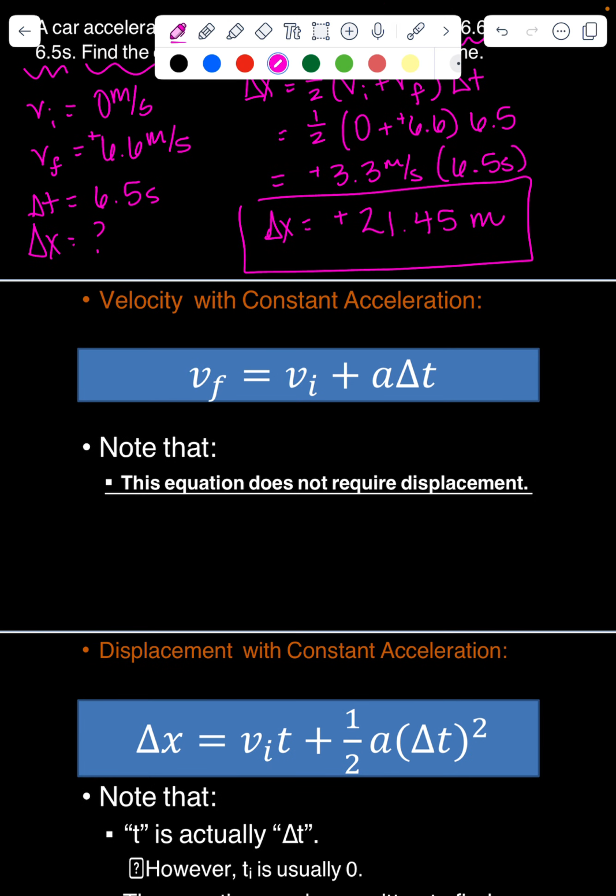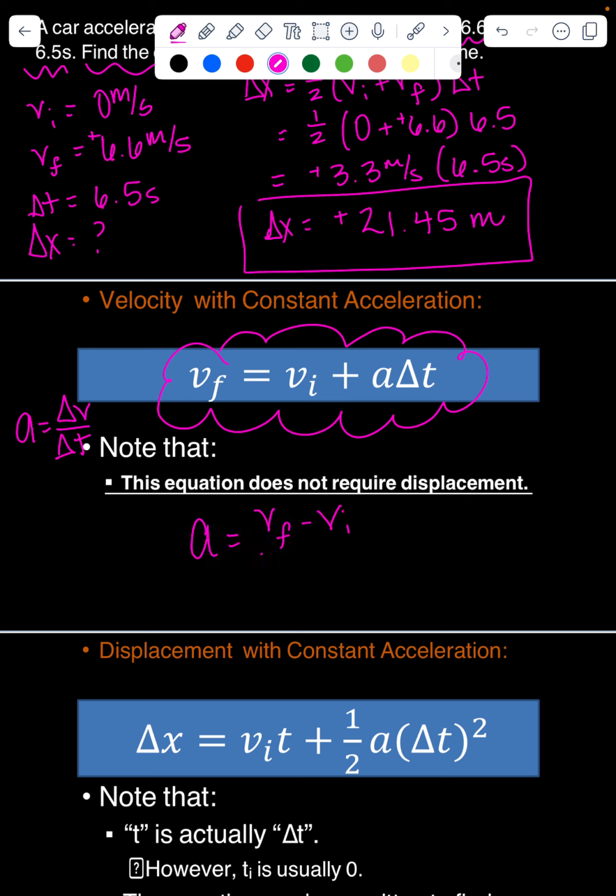So we have v final is equal to v initial plus acceleration times our time interval. Now this one should look extremely familiar to you because we have actually already derived this equation from our original acceleration equation. We know that acceleration is the change in velocity over delta t, which means that acceleration is v final minus v initial over our time interval.